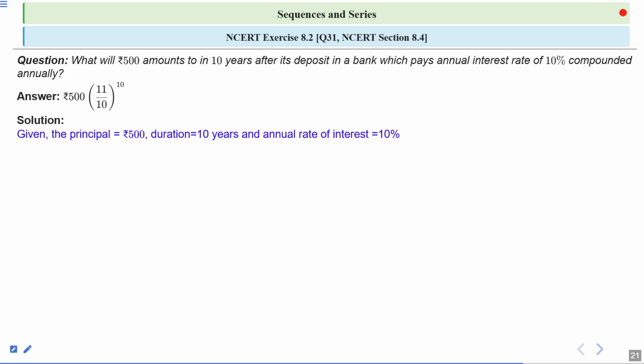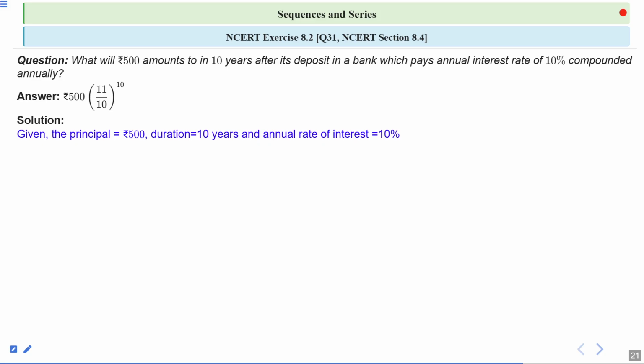Given here, the principal is rupees 500 and the duration is 10 years. Someone deposits rupees 500 in a bank for 10 years, and the bank pays an annual interest rate of 10% compounded annually.